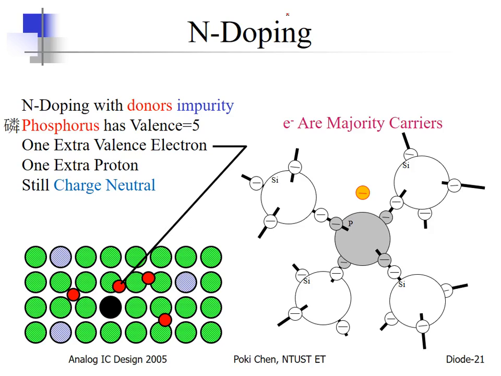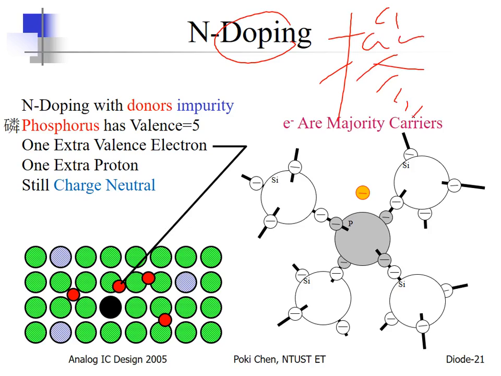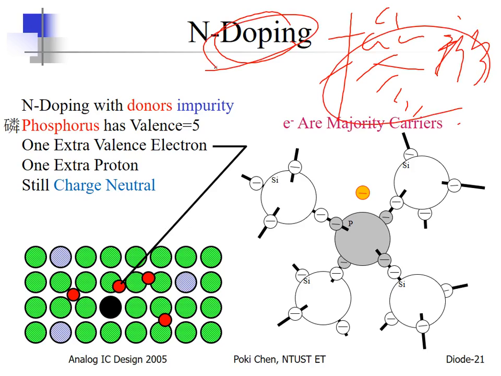Okay? If you would like to make your semiconductor more useful, to get better function, you need to do doping. You need to dope impurity.